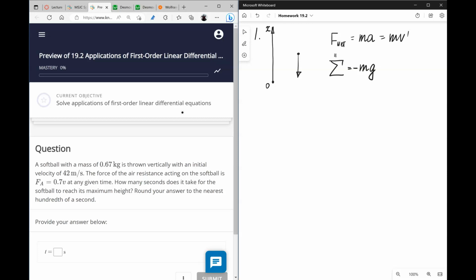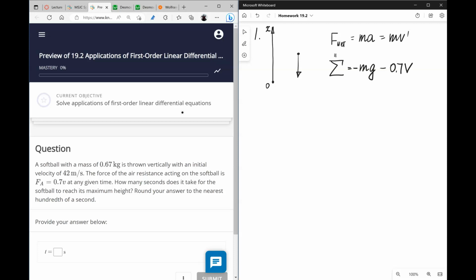And the other force is the air resistance force, Fa, but air resistance is always pointing in the opposite direction of V, so we're going to have a negative sign over here. And according to this word problem, it's equal to negative 0.7 V.